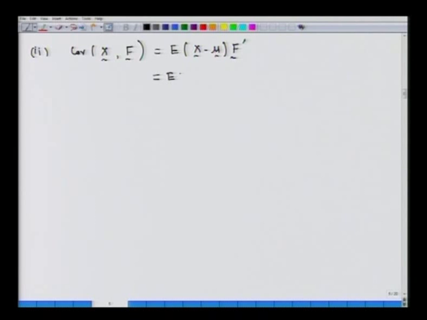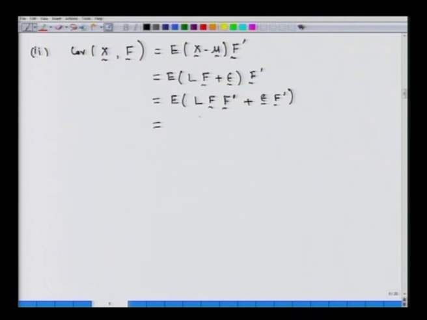So, using the factor model, we can write x minus mu equal to LF plus epsilon, multiplied by f transpose. This leads us to the expectation of L f f transpose plus epsilon f transpose.